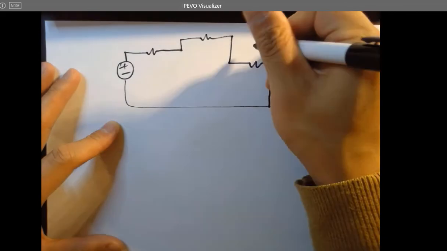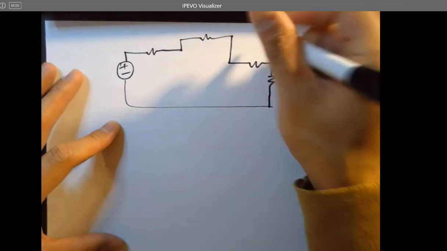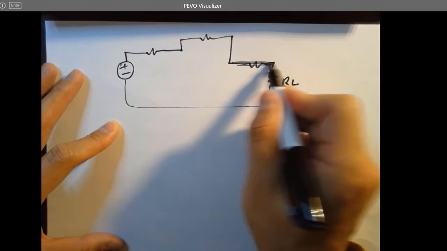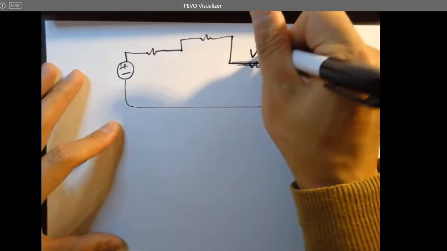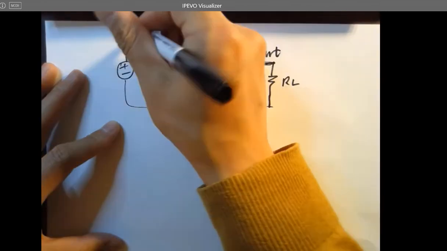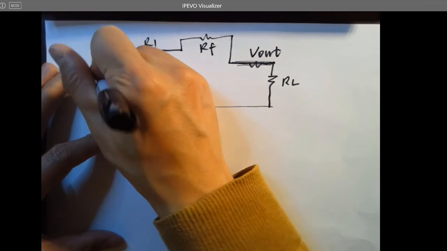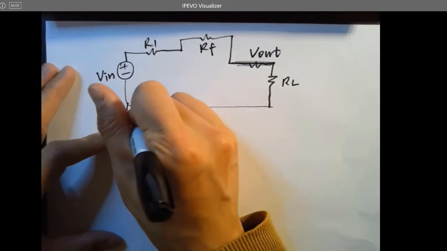This is the load, and oh, there's no resistor here, sorry for that. So that's VL. That's RF. That's R1. That's Vin. Here's the ground.